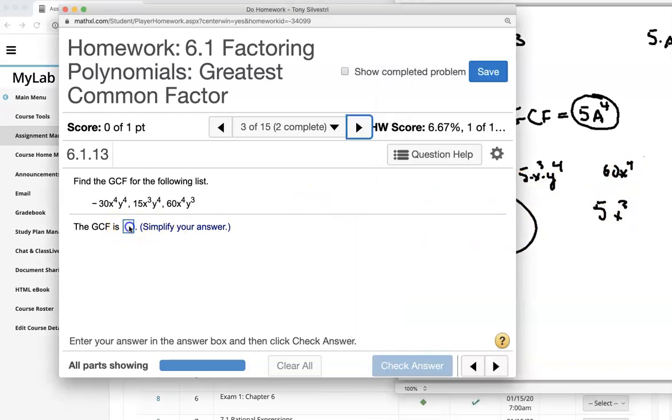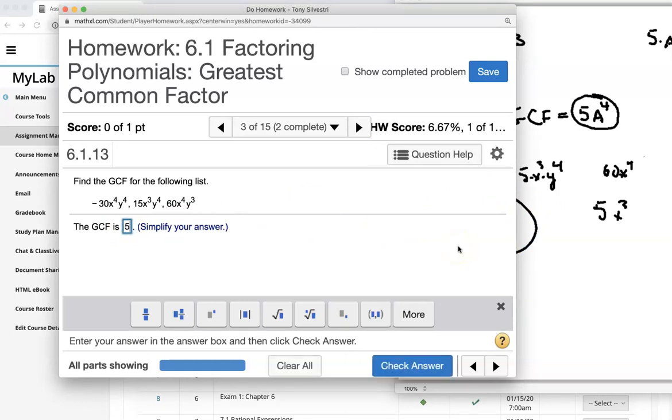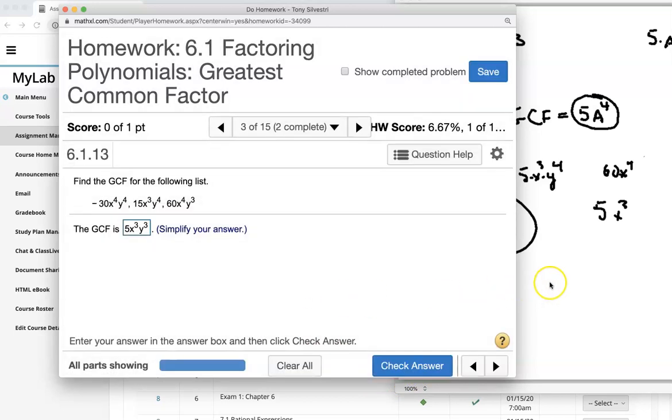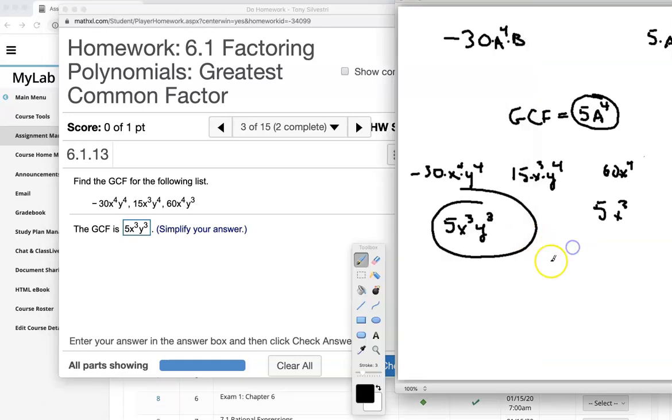Let me see if that's going to be right. 5x, you hit this little exponent, cubed. Now make sure you bring the cursor down. Y cubed. Check your answer. Whoa, what did we do wrong? What did I do wrong? X to the 4th, x cubed. 30, 15.